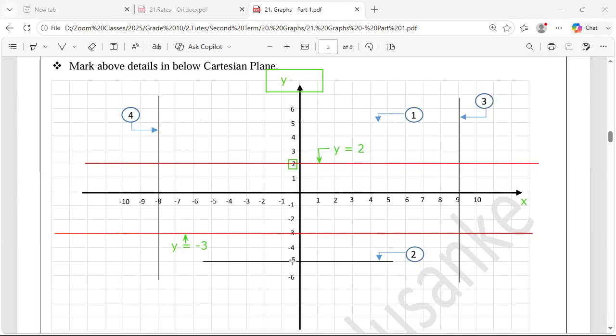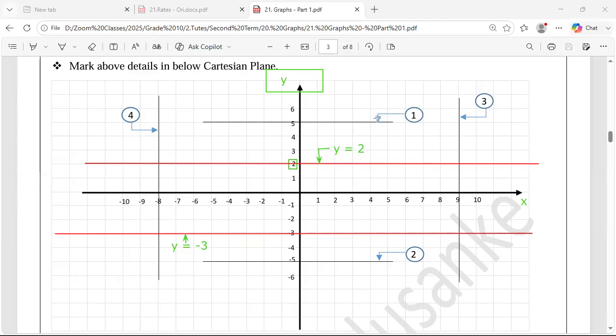So then, what is the equation of line 1? How to write down the equation of a line? That is the question you need to understand. How are you going to read this?